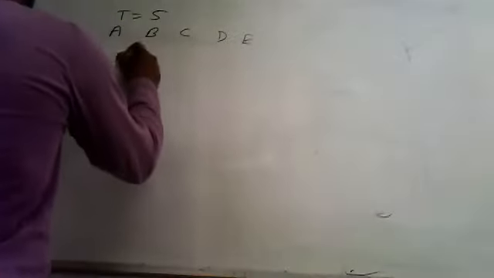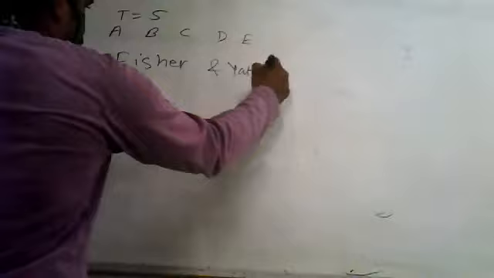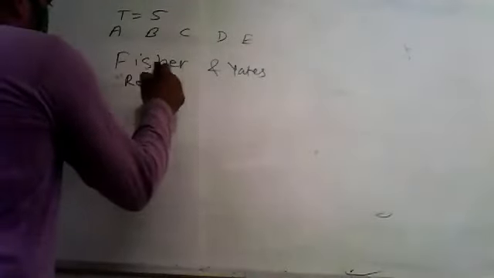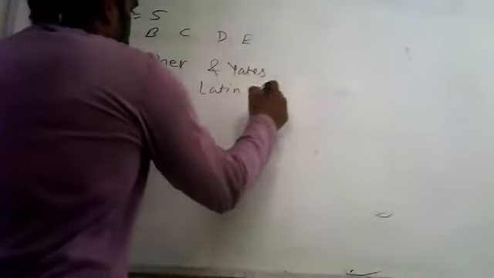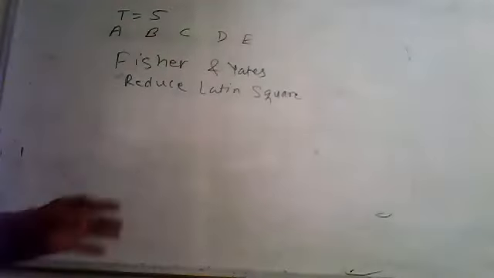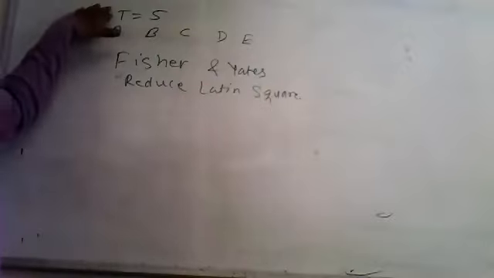Fisher and Yates have given the table of reduced Latin squares. They have given different tables for reduced Latin square according to the number of treatments.